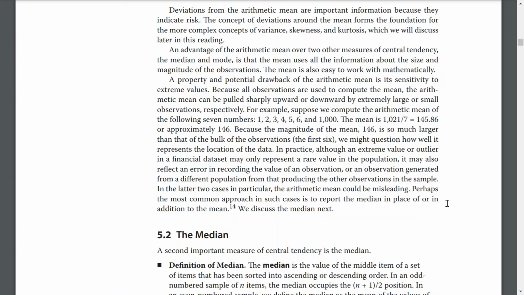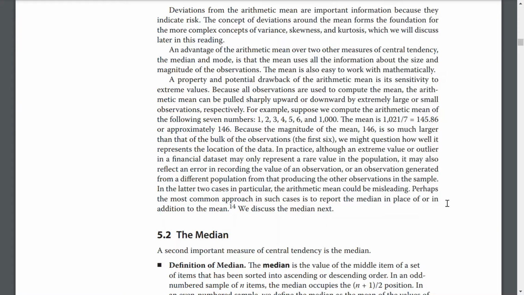For example, suppose we are to compute the arithmetic mean of the following 7 numbers: 1, 2, 3, 4, 5, 6, and 1,000. The sum is 1,021, divided by 7, which is 145.87, or approximately 146.